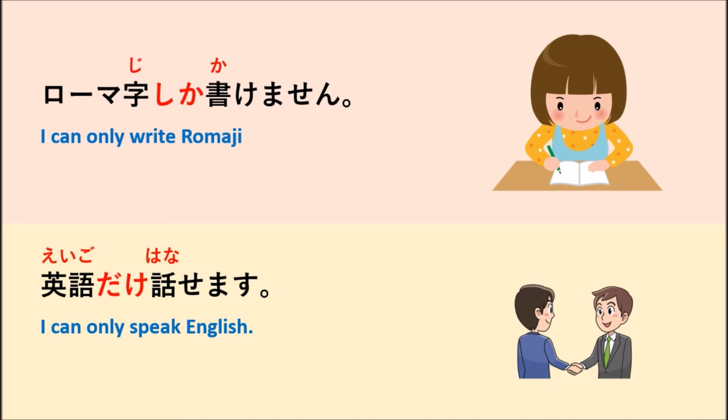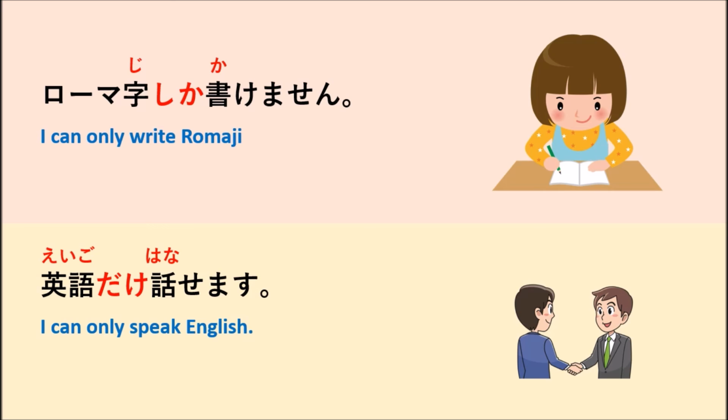But the second sentence says eigo dake hanasemasu, which means you can only speak English and you cannot speak another language. This is the difference.